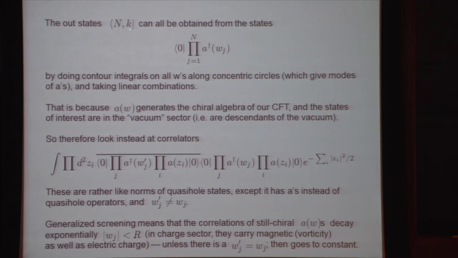Now, these out states, what are they? Well, all of the out states can be obtained from the out vacuum by acting with A daggers on the vacuum. So these are the same operator as A, but I'm using the adjoint field here. Remember that A generates the chiral algebra. A and A dagger generate the chiral algebra of the CFT that we get from our construction.